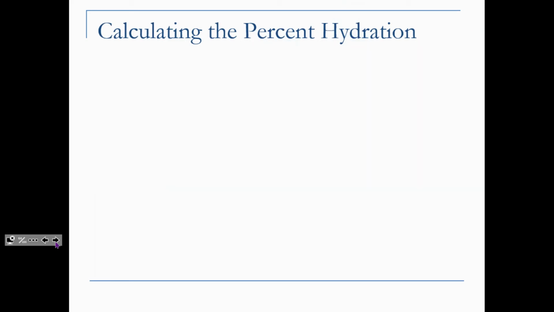Okay, now we're going to calculate the percent hydration, or what we call percent water in the compound. So the equation goes like this. To find the percent of water within a hydrate, you need the mass of water specifically over the total mass.